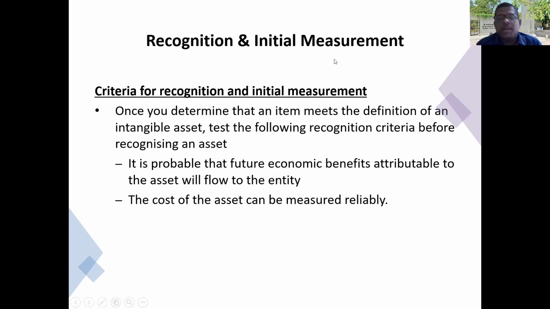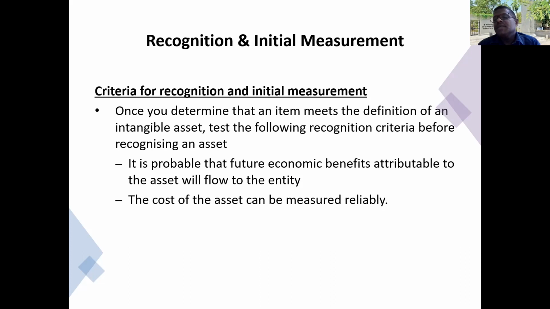As per the conceptual framework, there are two general criteria for recognizing an asset under the old conceptual framework. Those two are: it is probable that the future economic benefits attributable to the asset will flow to the entity, and the cost of the asset can be measured reliably.